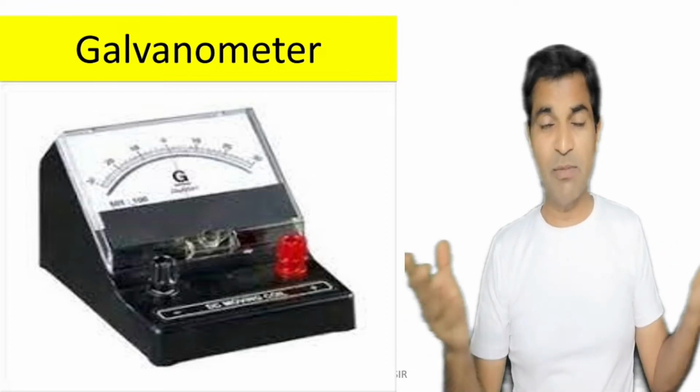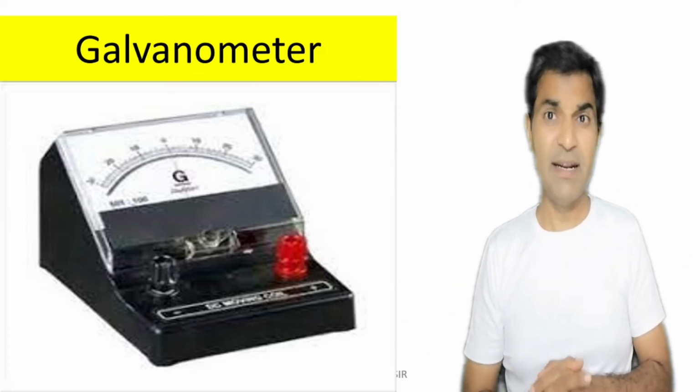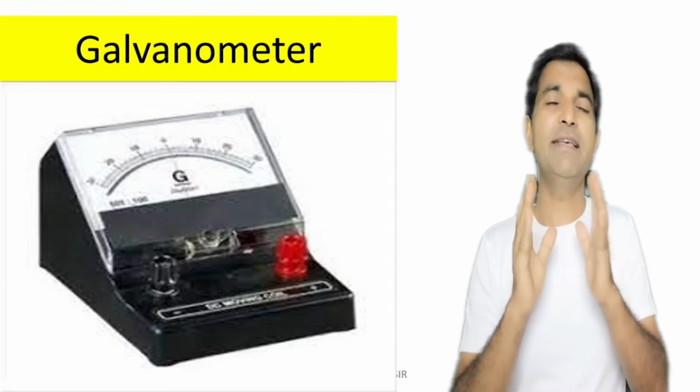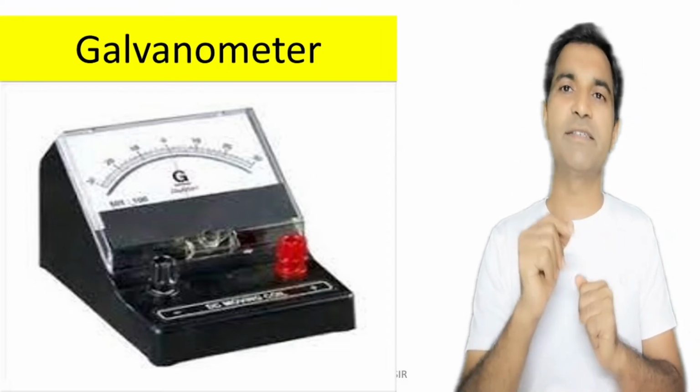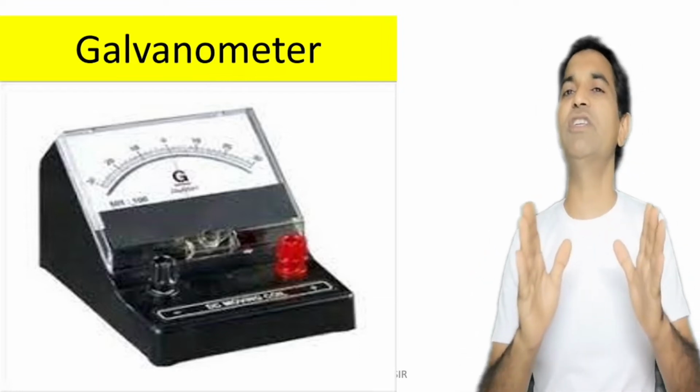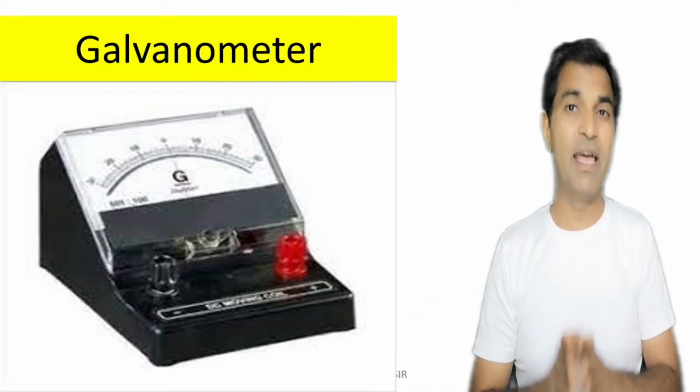Now, what is the galvanometer? The new terminology that we have come across in this topic. Galvanometer is basically a current measuring device. It measures the magnitude of the current, but actually it is not utilized for measurement of the current.